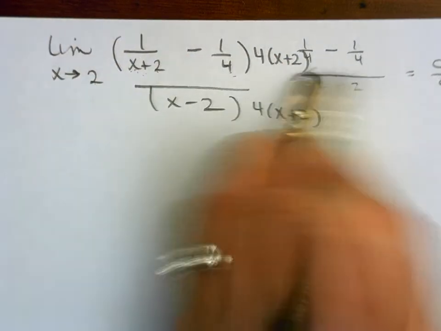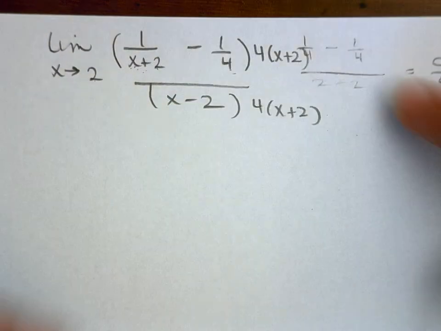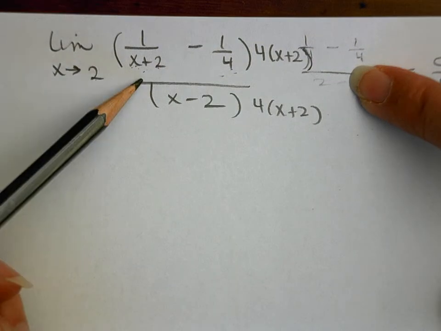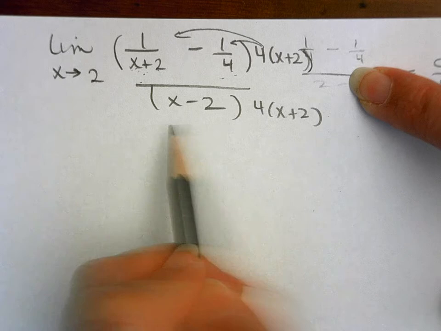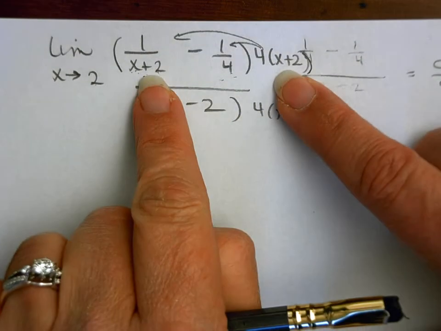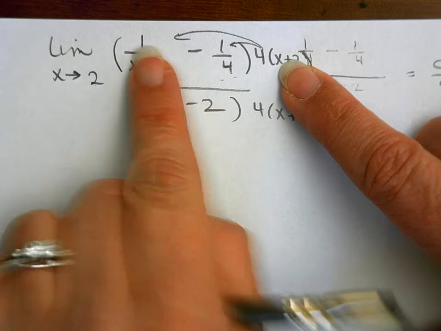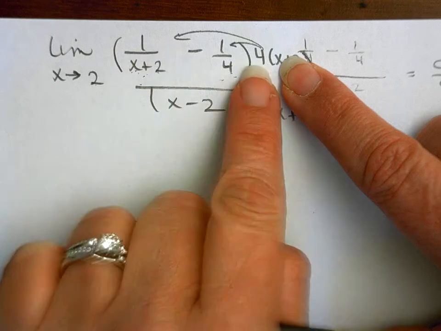So this is not here, so let me erase that a little bit. Okay. So my common denominator, I'm multiplying by 4 and x plus 2, and then I want to distribute it to both of those, but not the bottom, right? Don't distribute the bottom. So when I multiply these two together, the x plus 2's are going to cancel, and I'll be left with just 1 times 4.